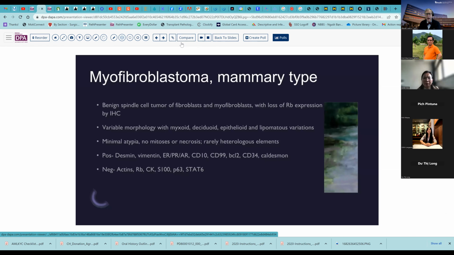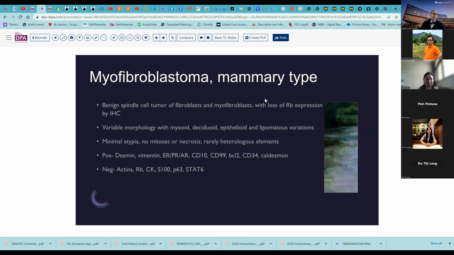Okay, well, while we're in the breast, we should talk about another lesion that we touched on, I think, a previous session or two, when we were talking about spindle cell tumors in the breast. But myofibroblastoma of mammary type can occur in the breast as well as in the vulva. And this, again, is a fibroblastic, myofibroblastic tumor that has lost RB expression.